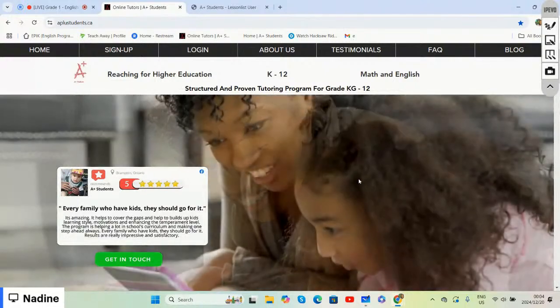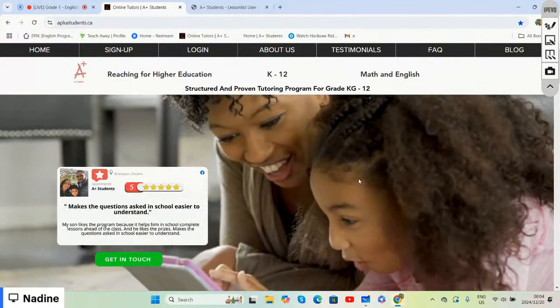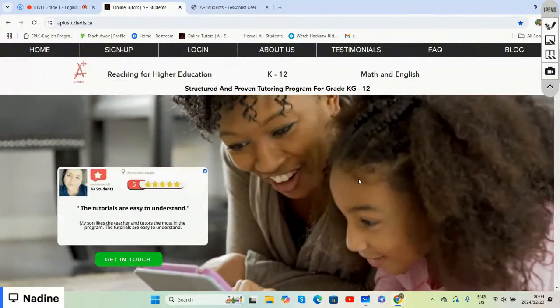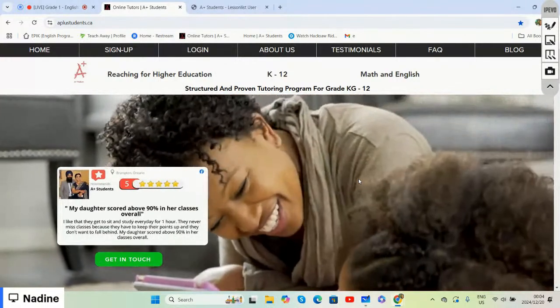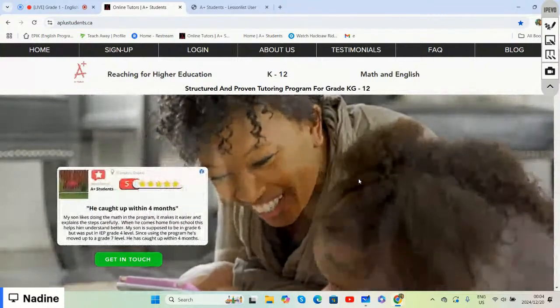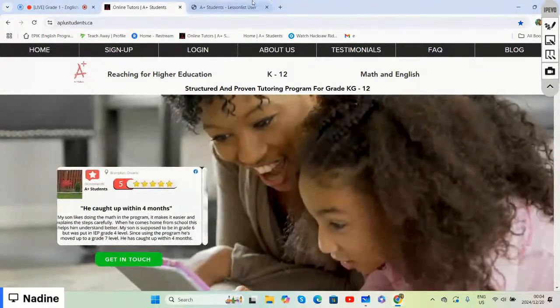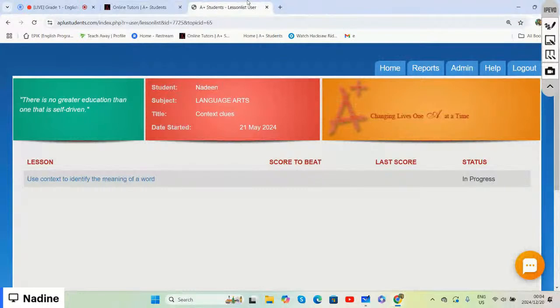We're doing grade 1. And then we're going to scroll down until we get to our chapter of context clues.